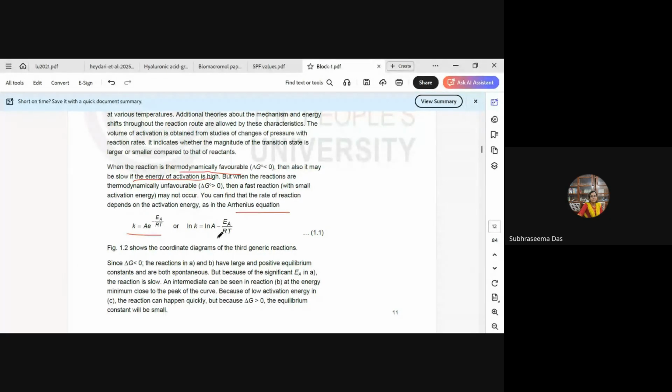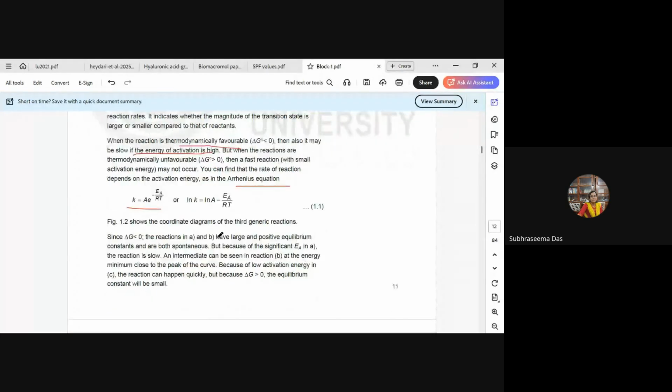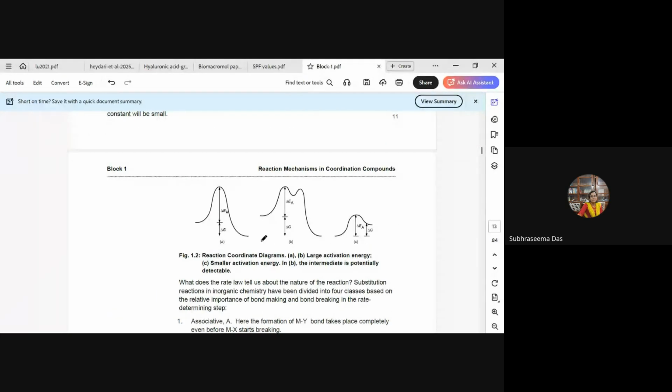And it should always be remembered that the temperature should always be taken in kelvins. So here in this figure, these are the reaction coordinate diagrams that have been shown for different types of reactions. In the first figure, particularly for the Ea and Eb, we can see the activation energy is much larger.